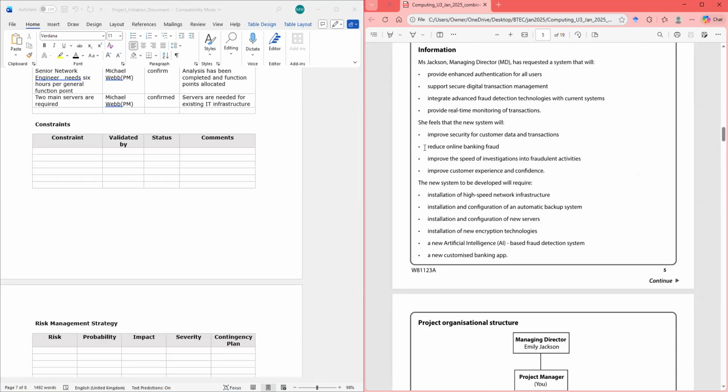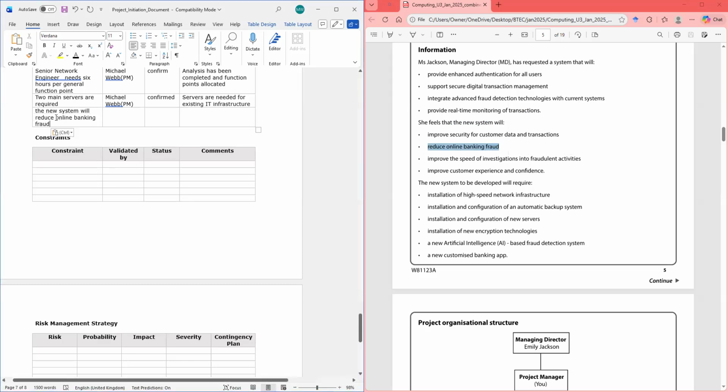We can use that one. We're going to assume that the new system will, if you notice the words I'm using, will, must, reduce online banking fraud.